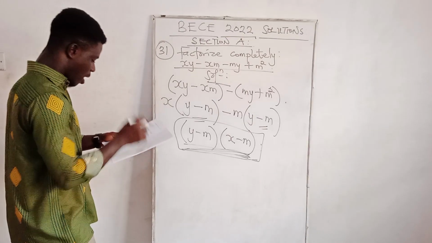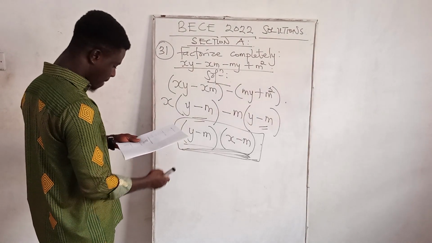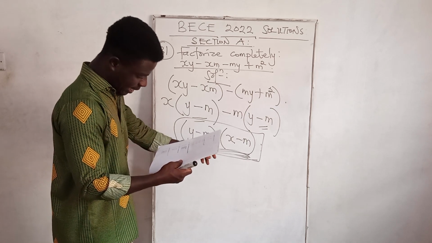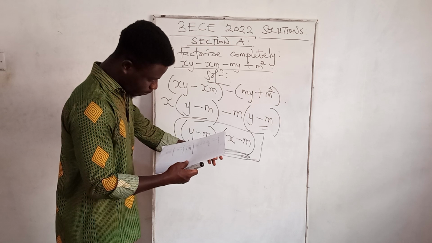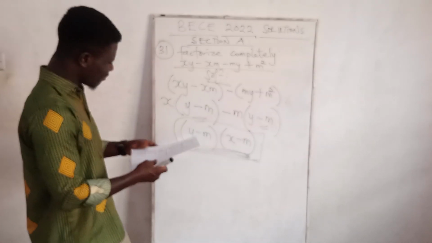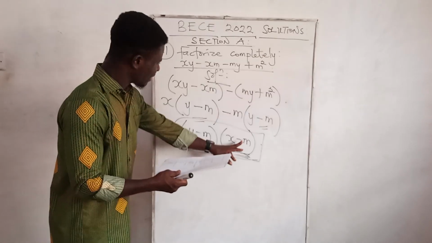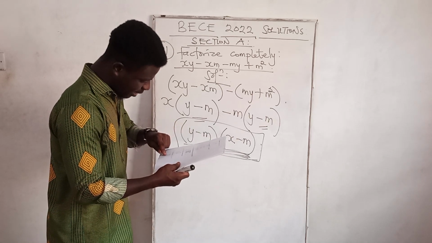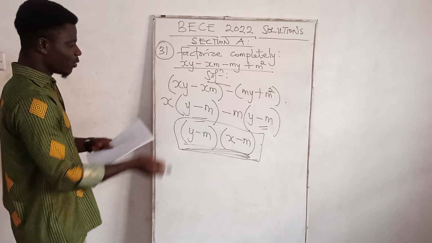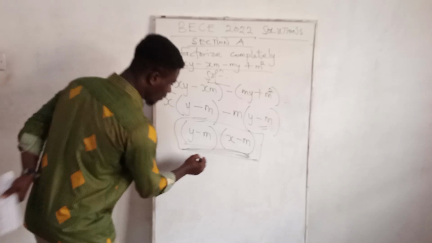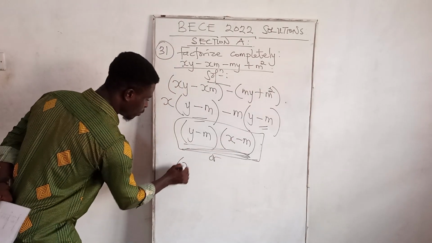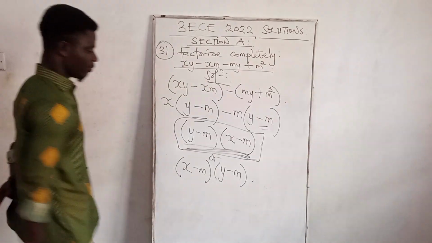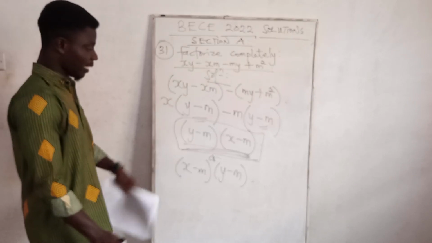Okay, so now our answer is what? Y minus m, then x minus m. They've interchanged that, or you can say x minus m, then y minus m.